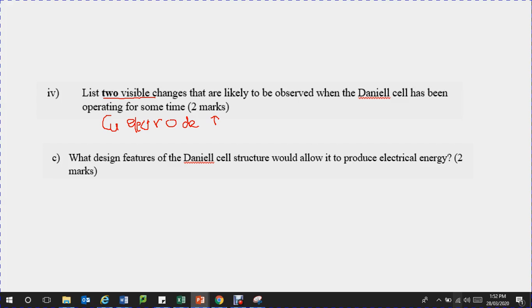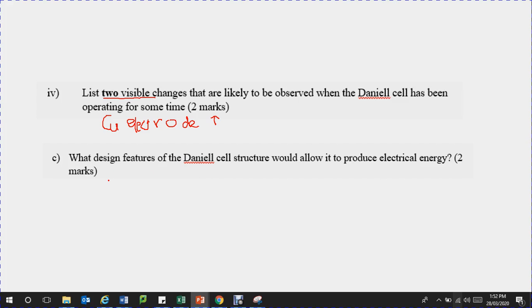Question C, what design features of the Daniell cell structure would allow it to produce electrical energy? If you remember when we were talking in class about how they wanted to take the galvanic cells and develop primary cells into the one container, we talked about what features allow a galvanic cell and a primary cell to generate that electricity.